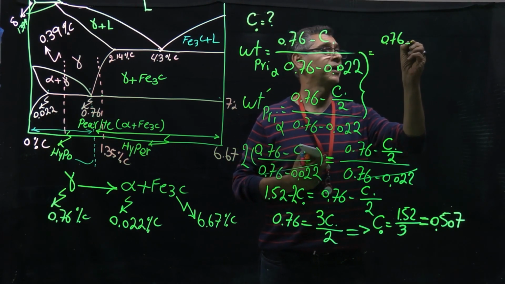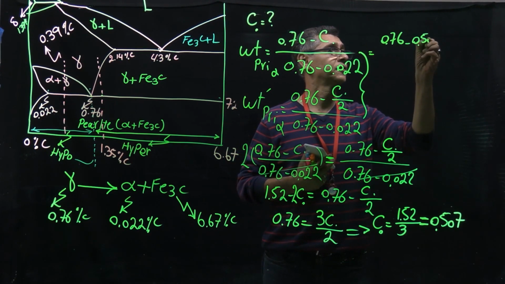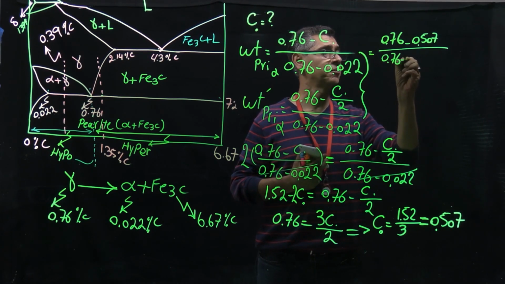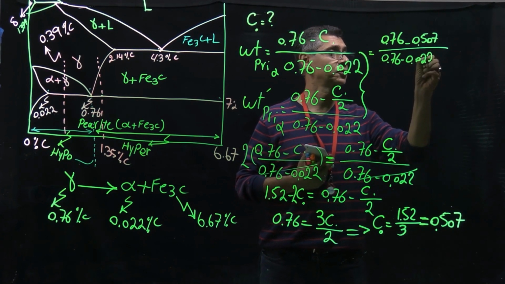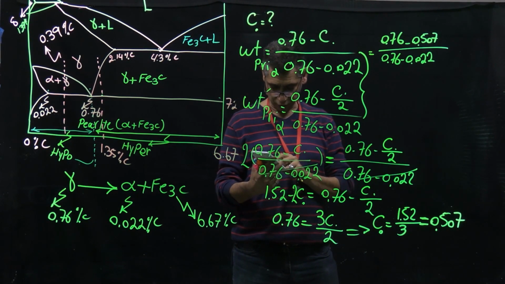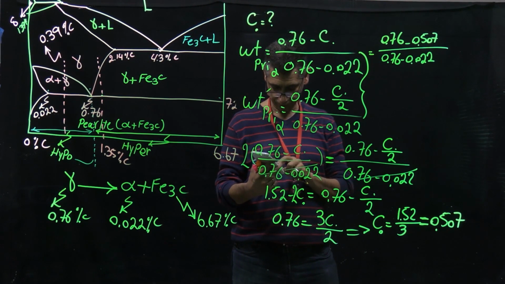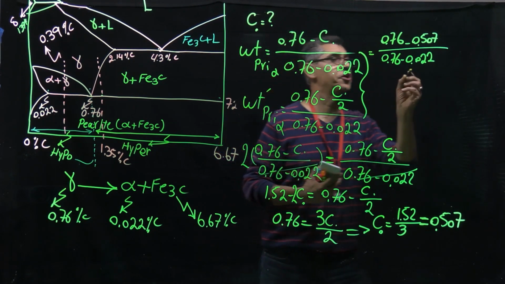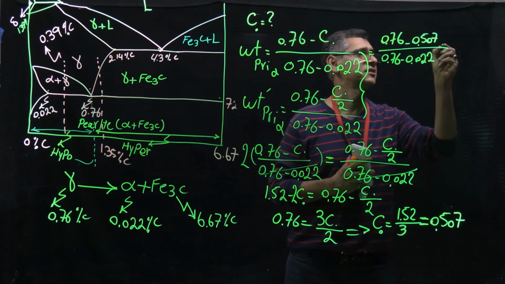So the value is 0.76 minus 0.507 divided by 0.76 minus 0.022. So this answer is about 34%. Yeah, we can see it here.